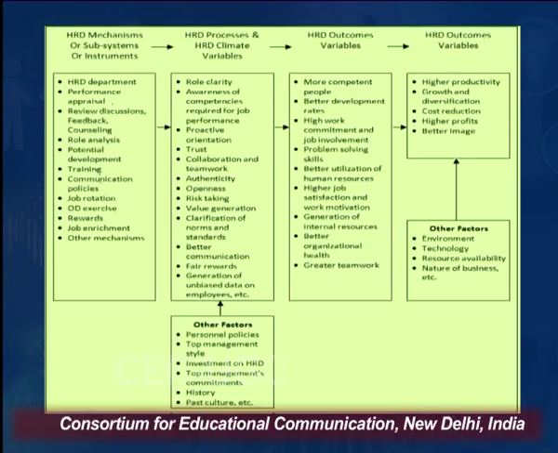So, let us discuss this HRD matrix, which indicates various stages of human resource development such as HRD mechanisms or subsystems or instruments, which we have discussed in the previous session, and HRD processes and human resource development climate variables, which we will discuss now, and HRD outcome variables.